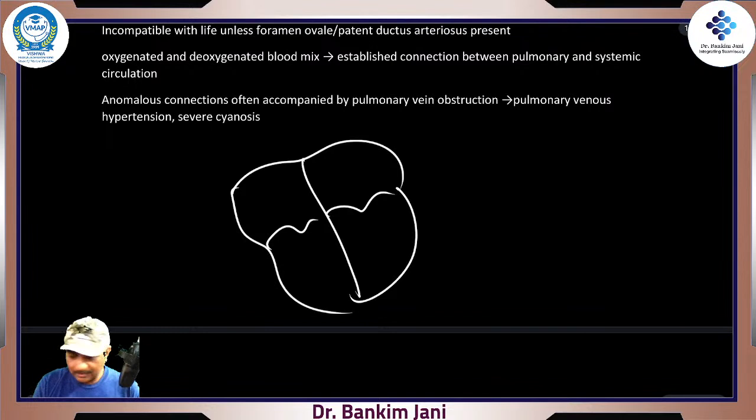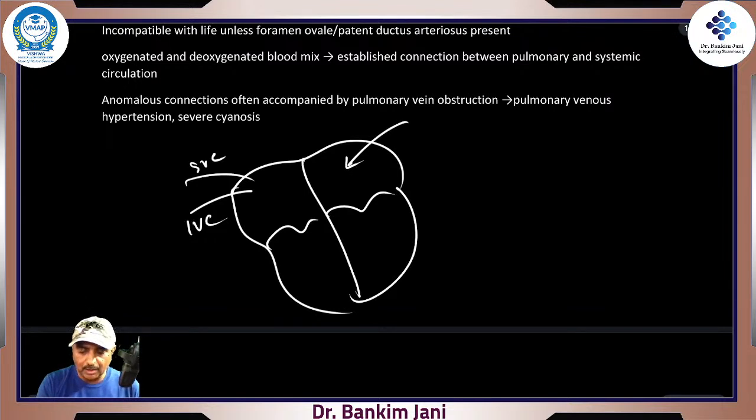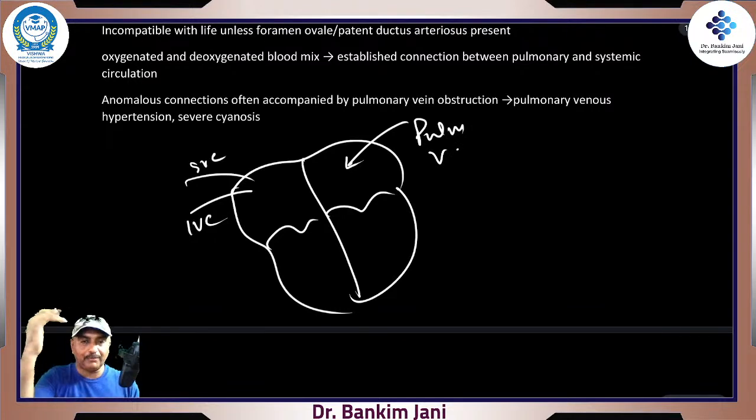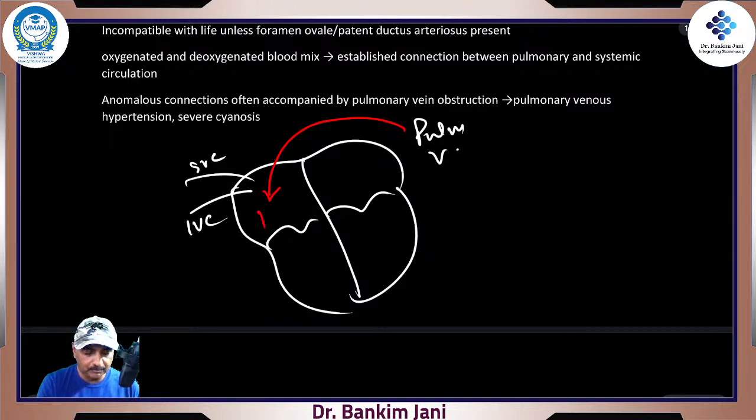So again, this is the SVC, IVC, and this is the normal pulmonary vein. Now the pulmonary vein, instead of opening into the superior vena cava or brachiocephalic, directly opens into the right atrium, right? So these pulmonary veins, instead of this, are opening into the right atrium.